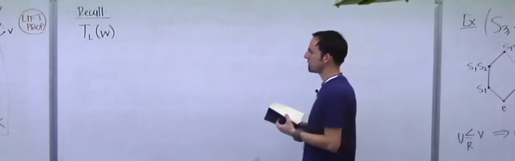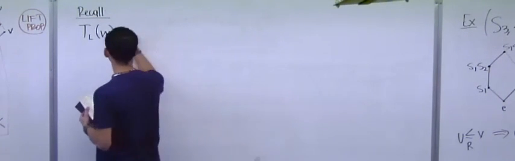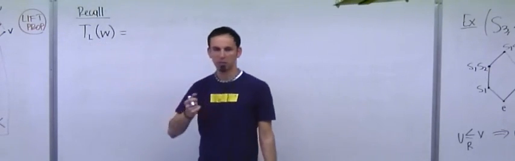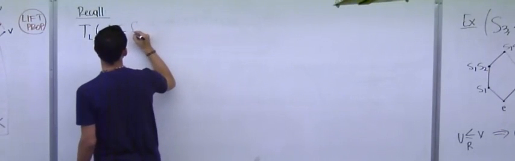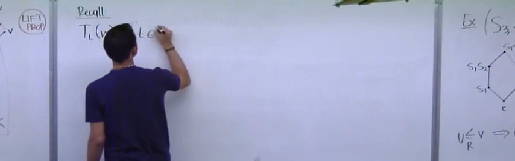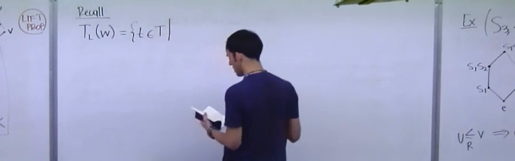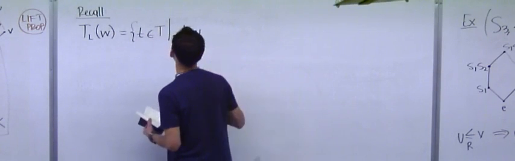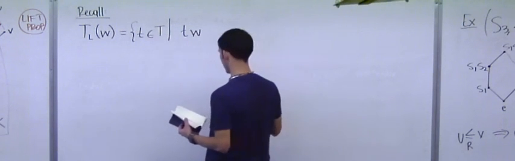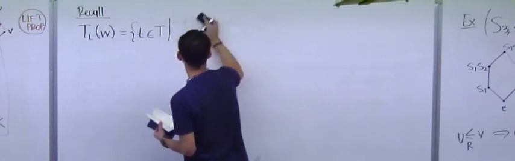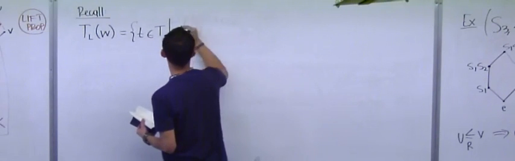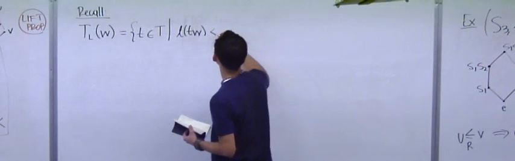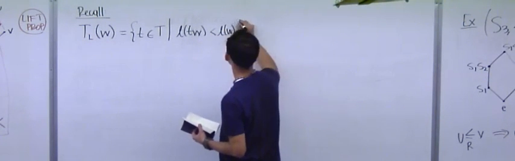This is the set of reflections that make W shorter, and the L refers to which side you're multiplying on. So these are the reflections T such that when I multiply W on the left by T, I get a shorter word.